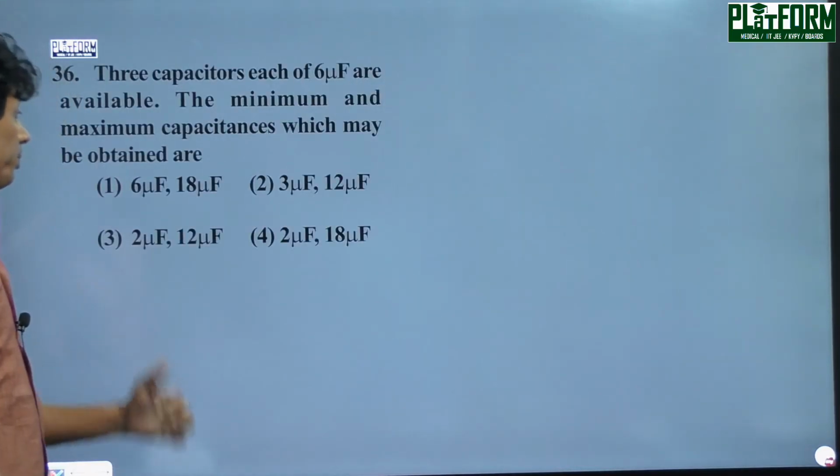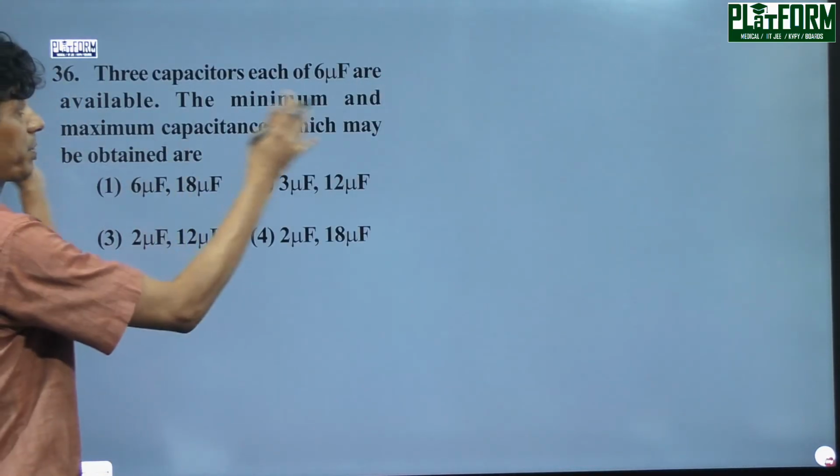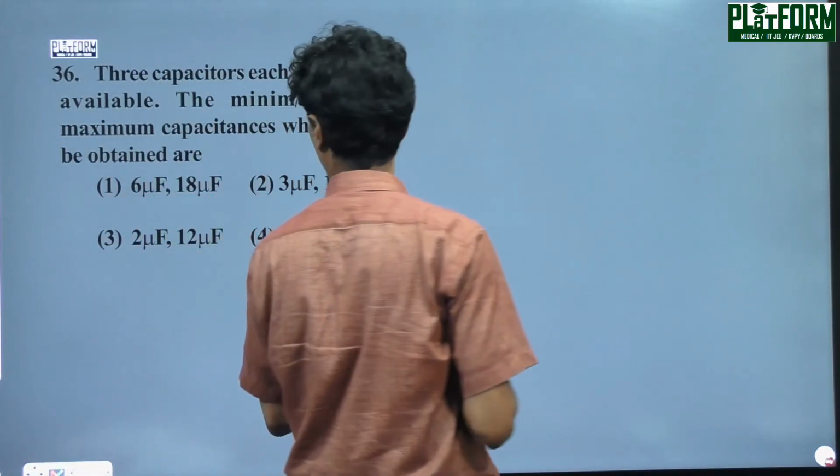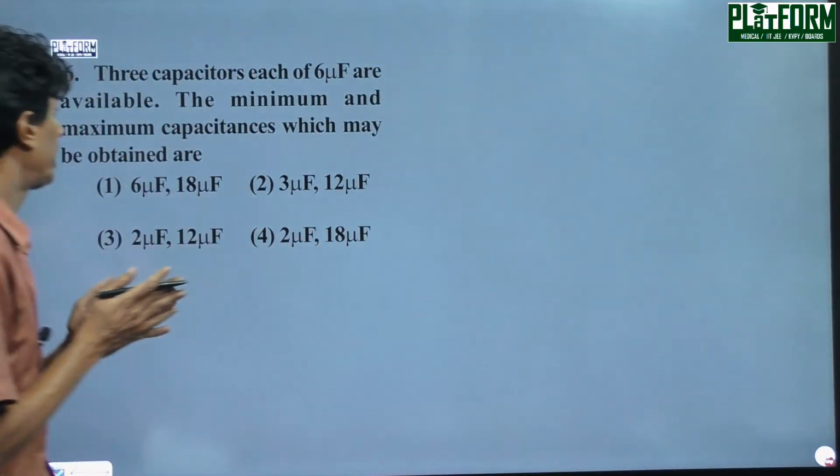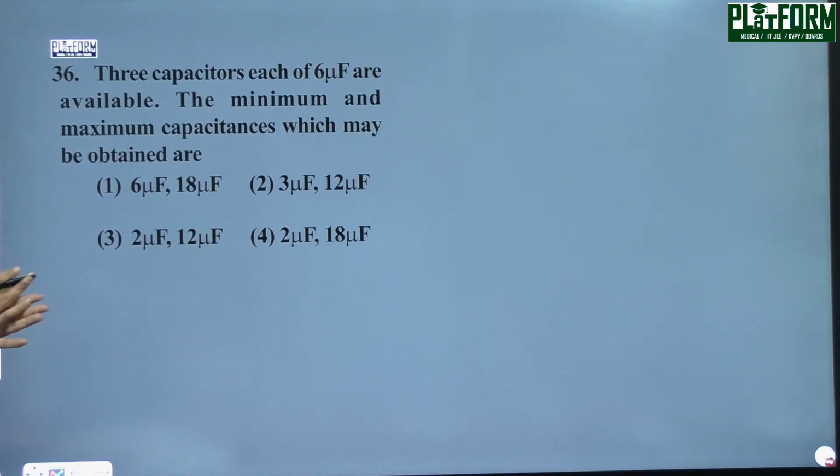Next problem in our journey: 3 capacitors, each of 6 microfarad, are available. The minimum and maximum capacitance which may be obtained are?